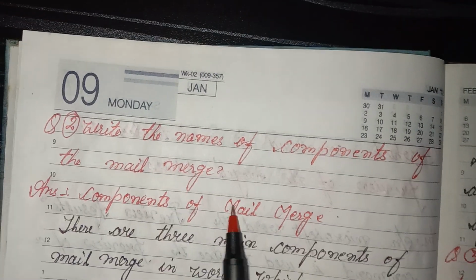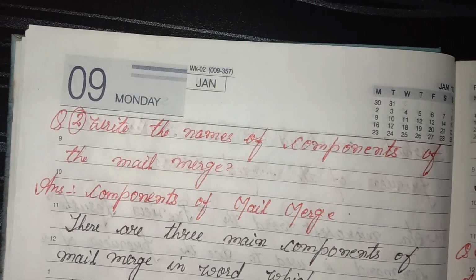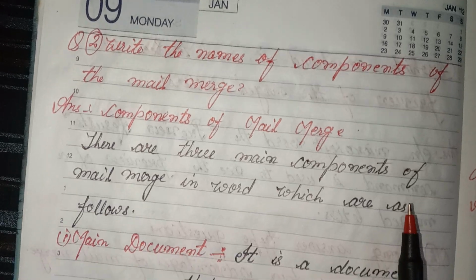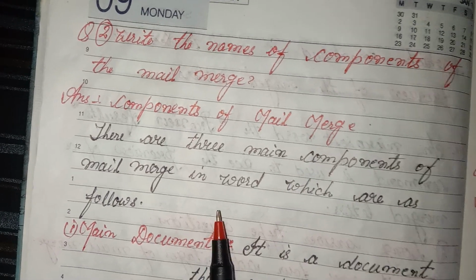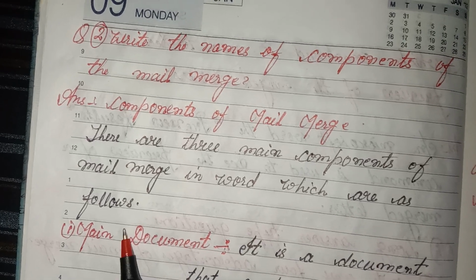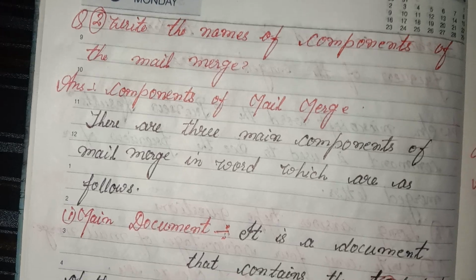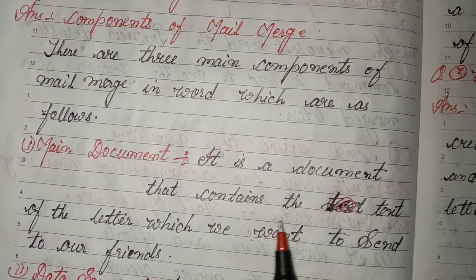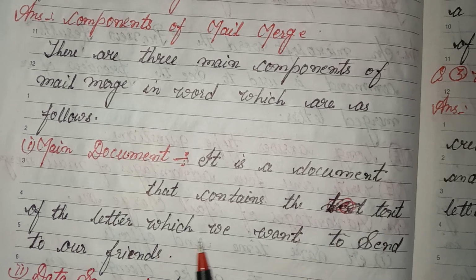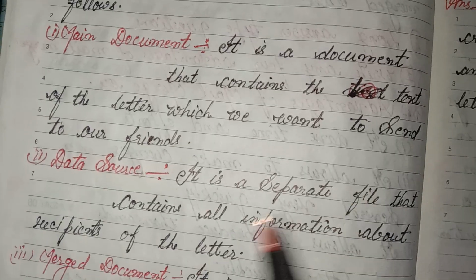Second, write the names of the components of mail merge. Answer: there are three main components of mail merge in Word, which are as follows. First, main document. It is a document that contains the text of the letter which we want to send to our friends. Second, data source.